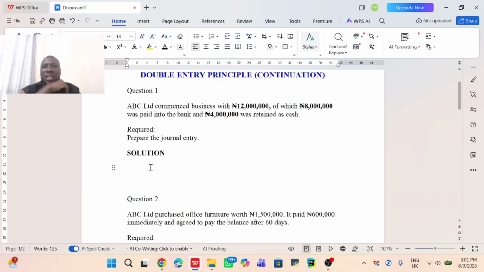Based on what we discussed in our last class, firstly we have to identify which accounts to prepare.